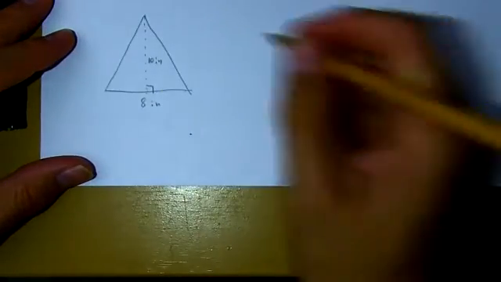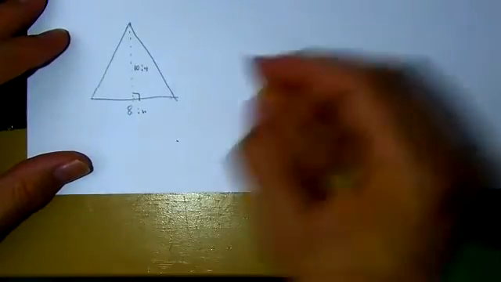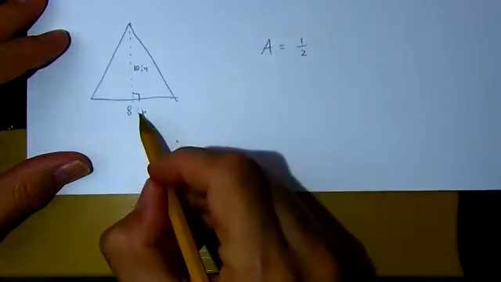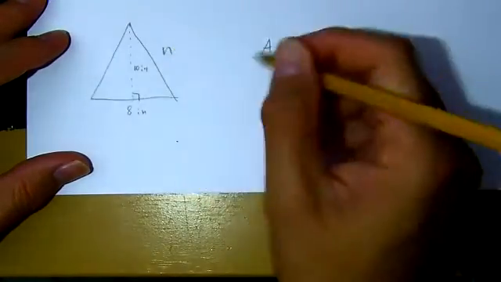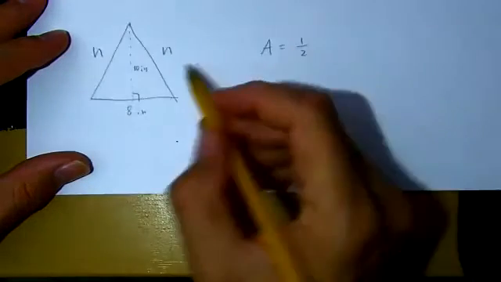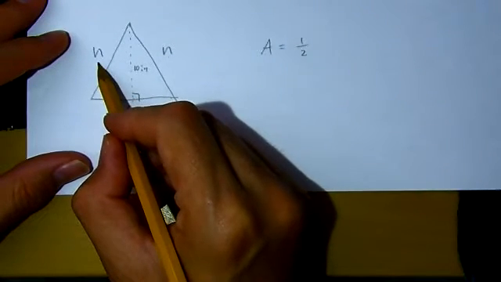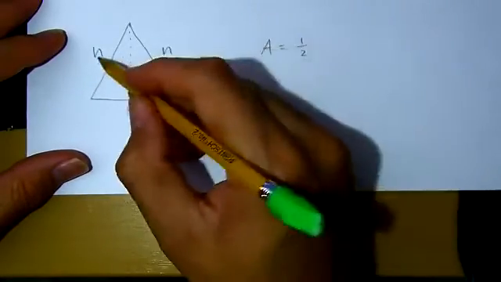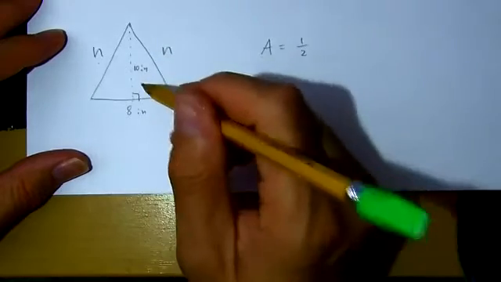Now, I'm going to skip perimeter because that should be easy by now. We're just going to go straight to area. So when they're asking area and they give you this measurement right here and this measurement right here, you don't need those. It's extra information. They're trying to trick you. So they might give you 4 numbers, 1, 2, 3, 4, and they expect you to know that you only need 2 of them.